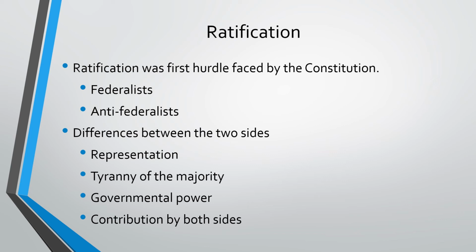Now, both sides helped and contributed to the writing and the ratification of the U.S. Constitution. It was largely the Federalist point of view that triumphed, though. However, the Anti-Federalists' criticism forced the adoption of a Bill of Rights. Now remember, the original Constitution in the actual articles did not list the rights of the people.